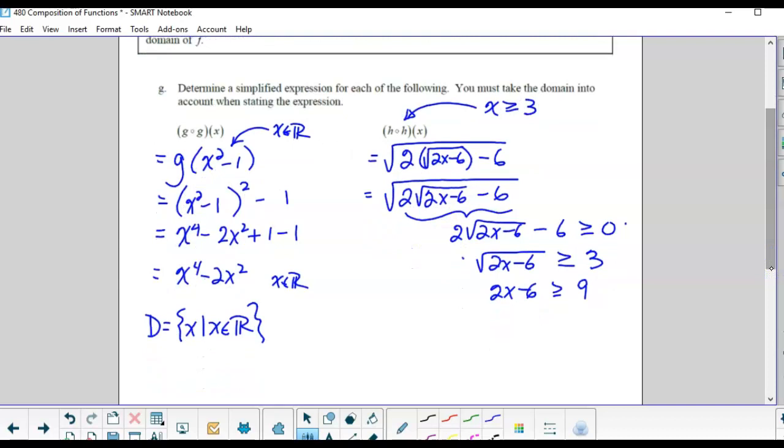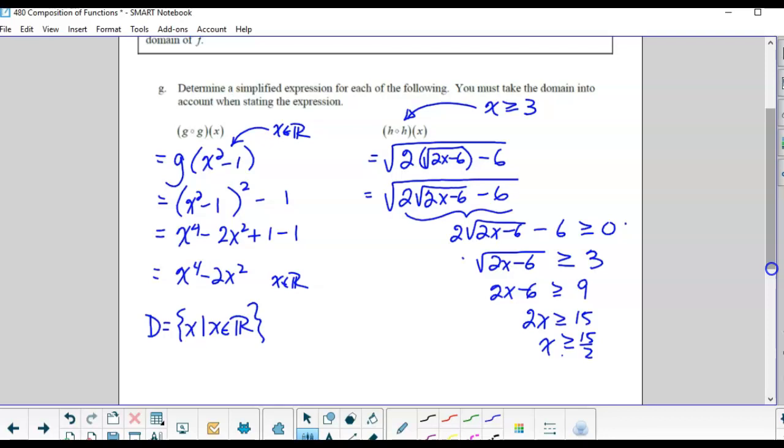You just have to check if it's switched. So that would be 2x greater than or equal to 15, so x greater than or equal to 15 over 2. And so 15 over 2 is 15 minus 6 is 9, square rooted is 3. So that works. If it was a negative root, then that's where the issue comes in.